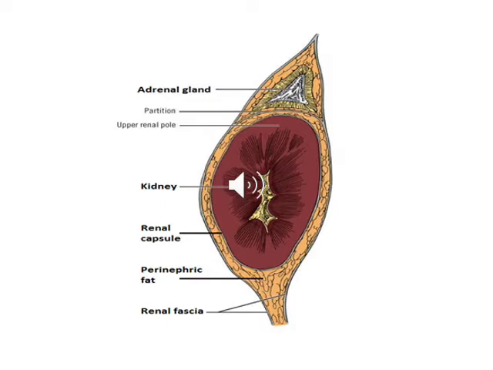This renal fascia encloses the kidneys as well as the suprarenal glands. Outside the renal fascia is another fatty layer called the pararenal fat. It is mainly located on the posterior lateral aspect of the kidney.